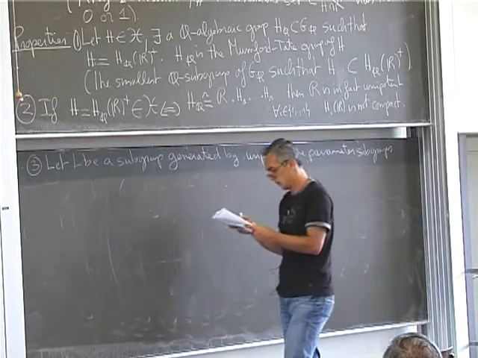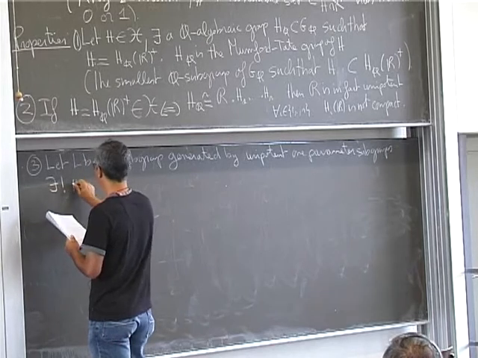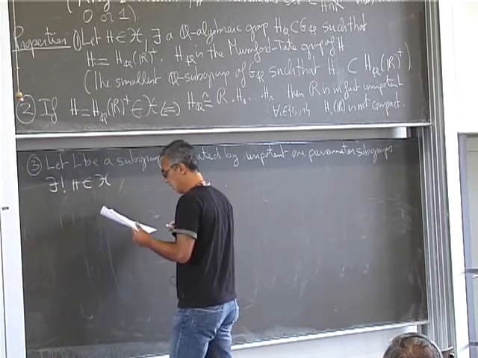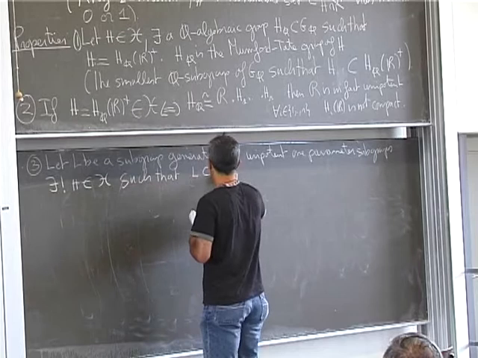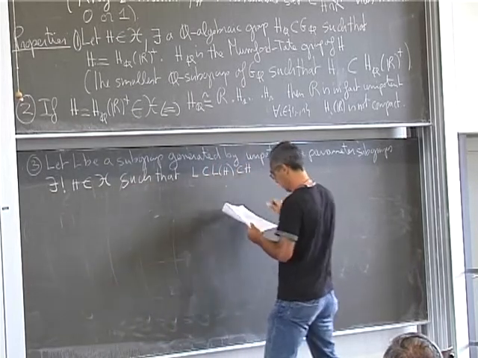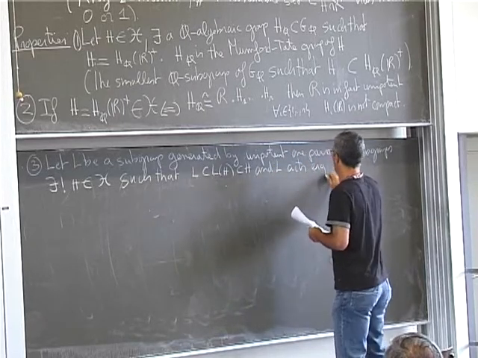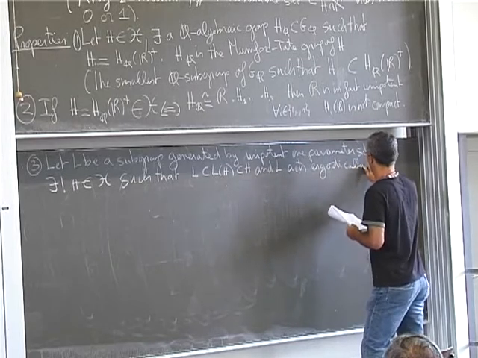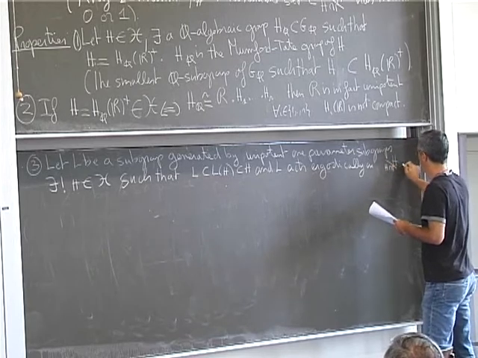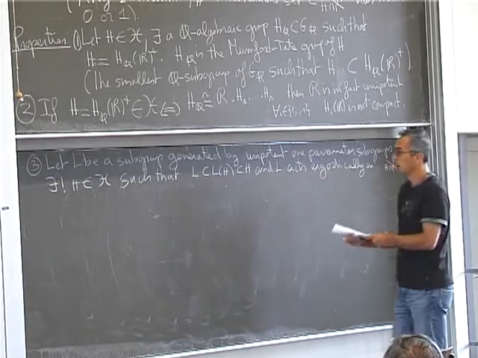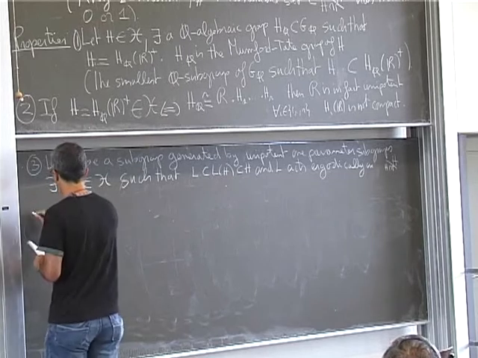Then there exists a unique H in the class such that L is inside L(H) inside H, and L acts ergodically on H divided by H intersected with Gamma, with respect to the natural measure.